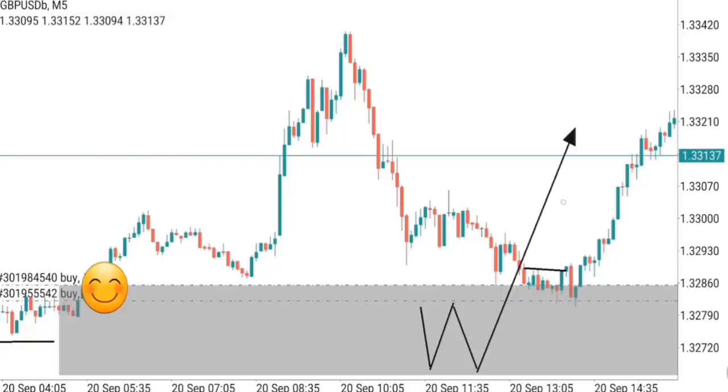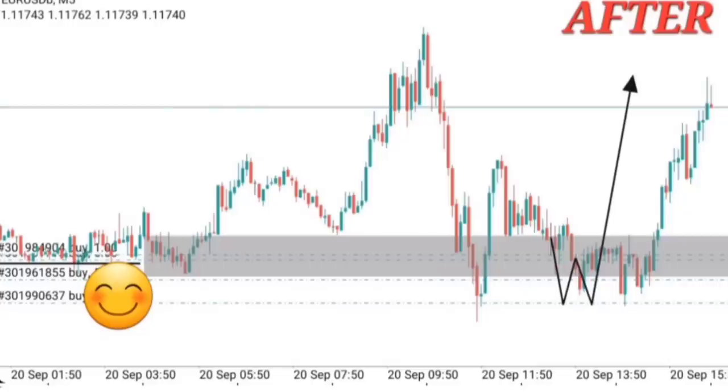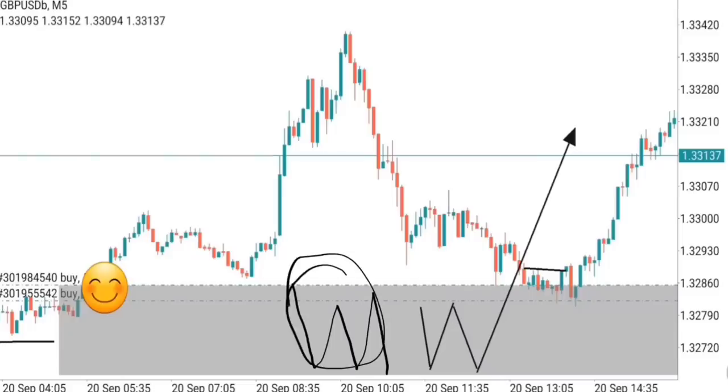Now, you can see that price tapped into the zone. Sometimes price can come fully into the zone. In this case, we also traded EURUSD using the same strategy. For EURUSD, price came into this zone fully, so it was clear that price had mitigated this zone.